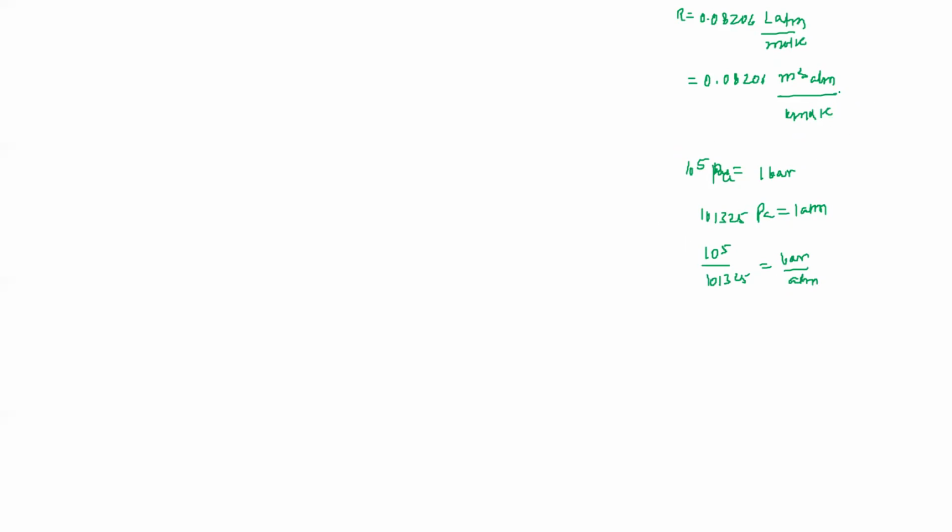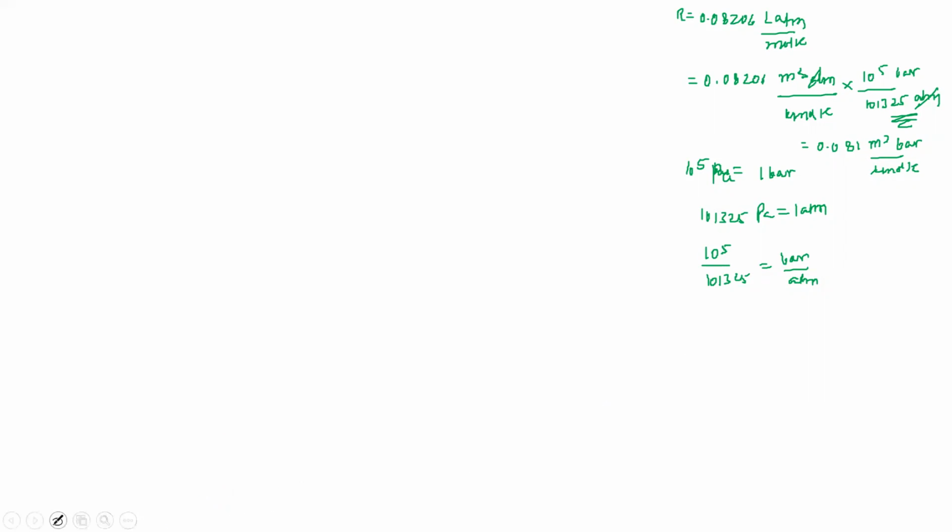We'll multiply by 10 to the power 5 bar upon 101325 atm, so atm gets cancelled and we get everything in terms of bars. It becomes 0.081 meter cube bar per kilomole Kelvin.